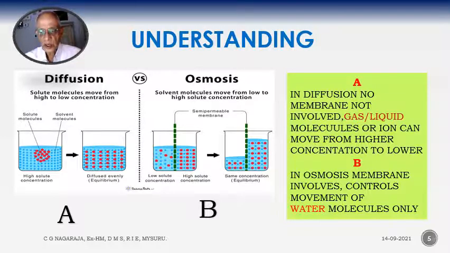In diffusion, look at diffusion. In the left side A, in the beaker there is water and we have put some solute particles into that one. For example, maybe sugar is put in there. Now the sugar particles are more condensed compared to water particles. So therefore, sugar molecules will start moving away, and that's called diffusion.